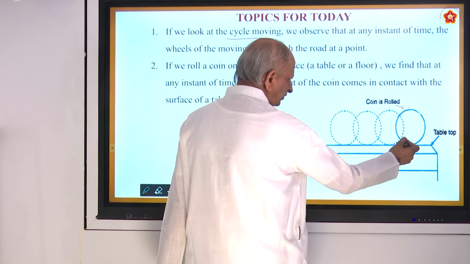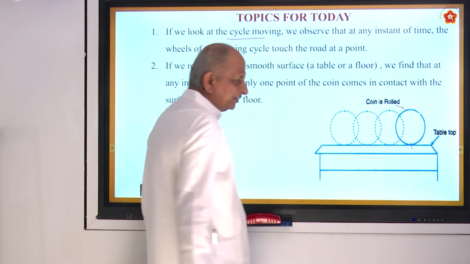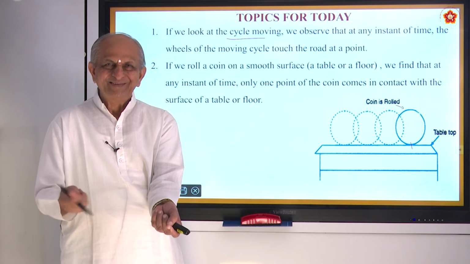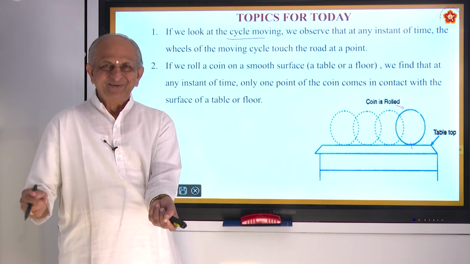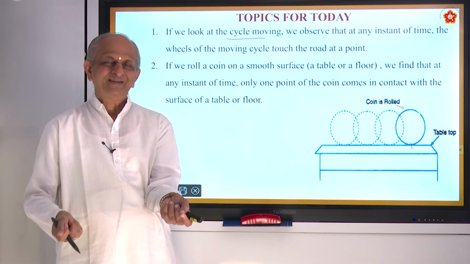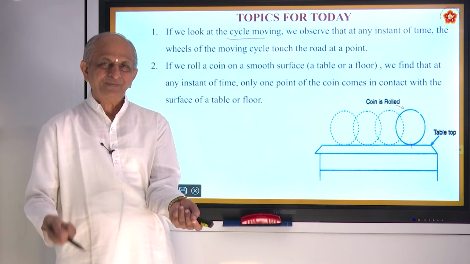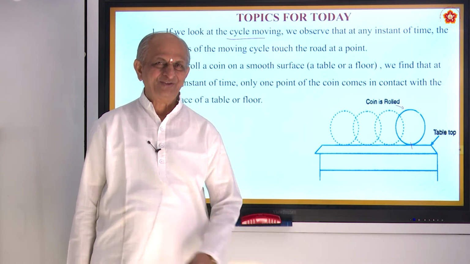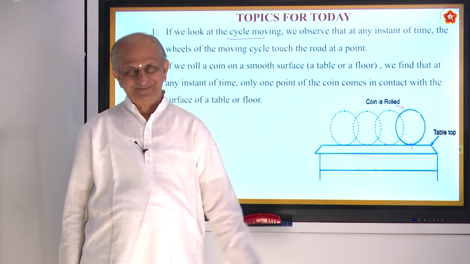Just like a cycle, some of you are experienced with the rim of a cycle, only the rim, which you push with another rod. Is it not? There also you can see the movement of the circle.